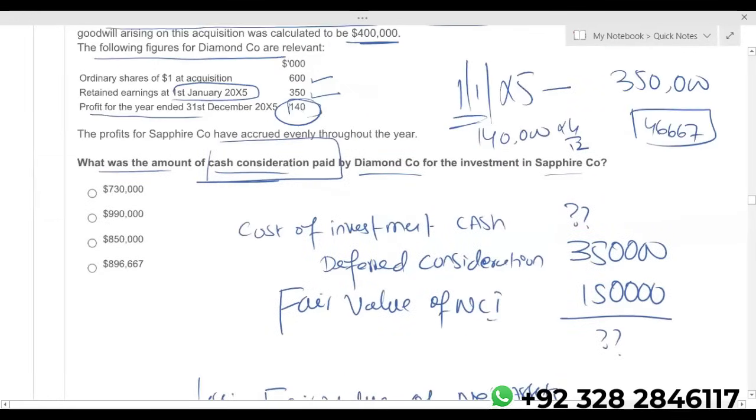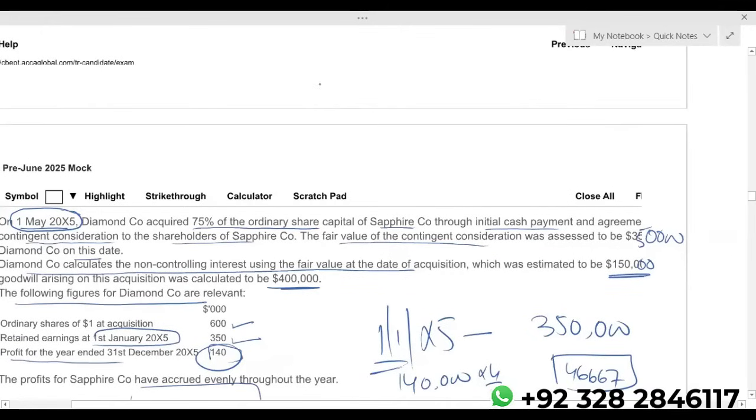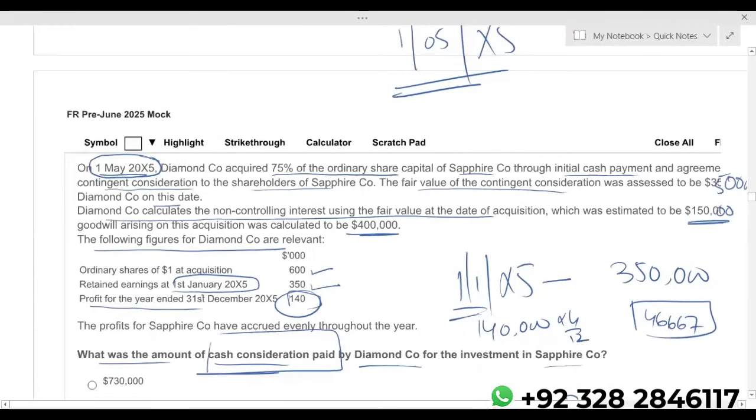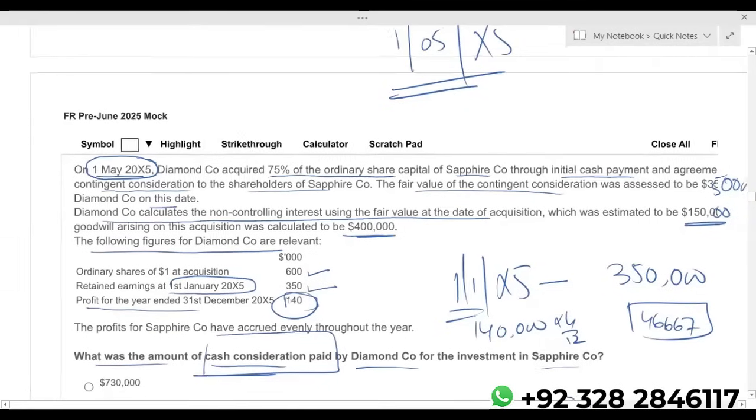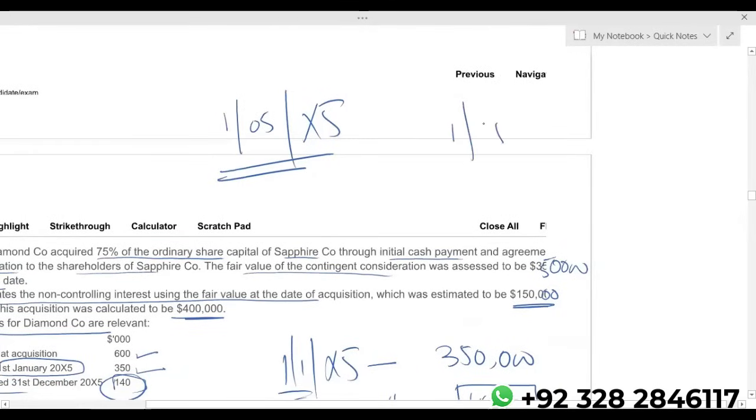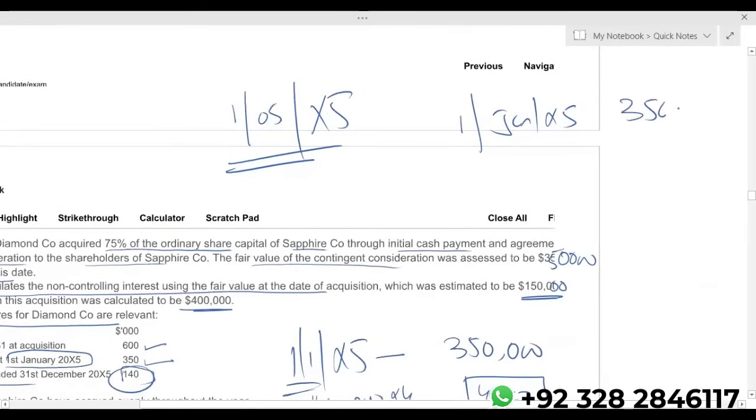Student, can you come here? Please check. Acquisition date is 1st May X5. Examiner has given you the retained earning at 1st January X5. So I actually need retained earning at 1st May X5. How to calculate? 1st January X5 retained earning, examiner has given me 3 lakh 50. After that, examiner has given us the profit for the whole year, 12 months profit. How many months are pre-acquisition?